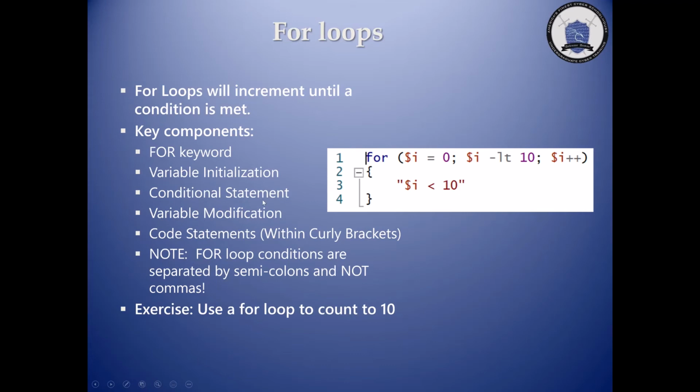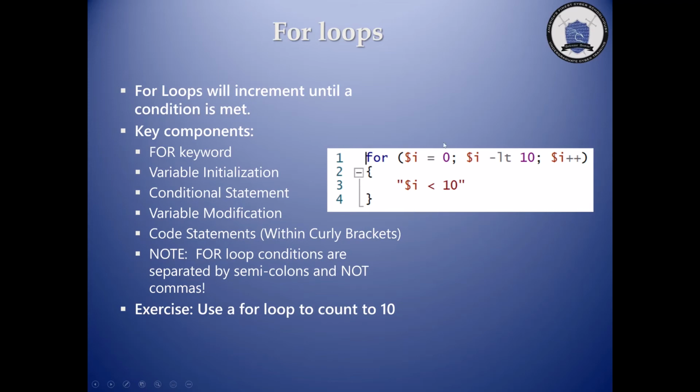Normally in a while loop, you still have all these parts, but your variable initialization is usually outside of the loop, right before the loop. Then you have your conditional statement, and your incrementer, or variable modification, is usually down here.